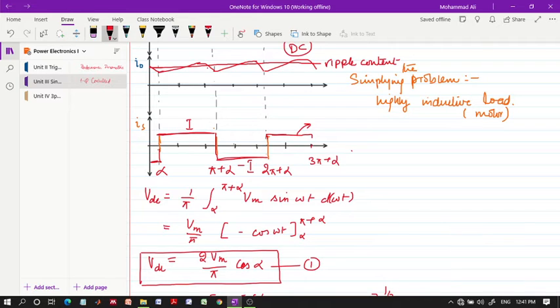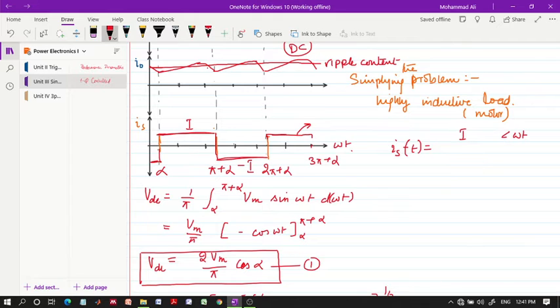This can be written as plus of I for angle omega t. This angle is omega t.